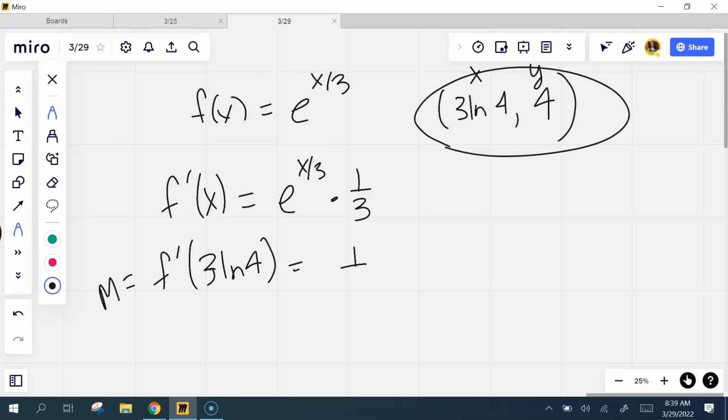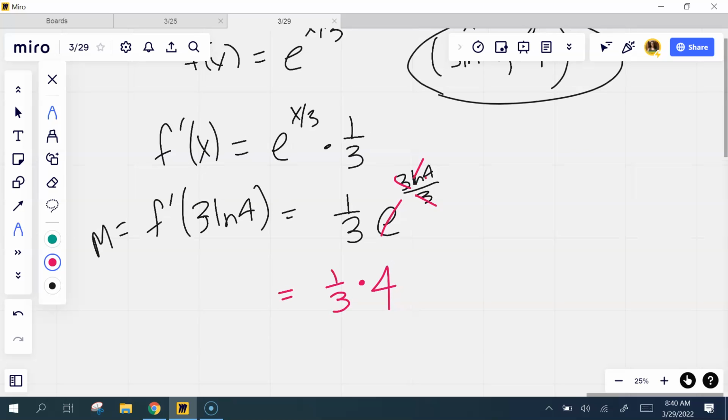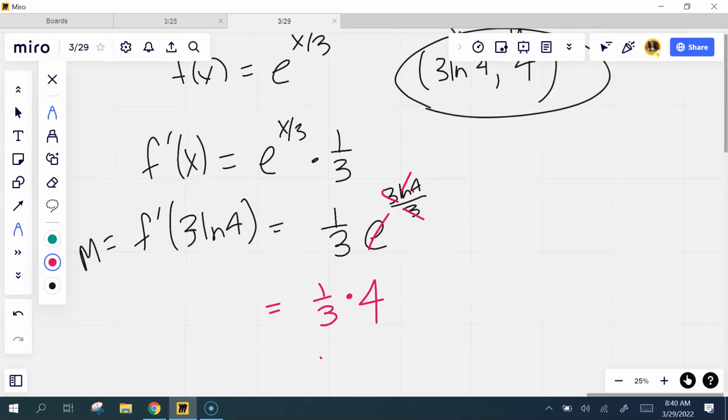Well, 1/3 times e to the 3 log 4 over 3. One-third. What is e to the log 4? 4. The e and the log cancel. So what's the slope? 4/3. And if you look, they even left the equations of the lines in point slope form for you, which was nice.